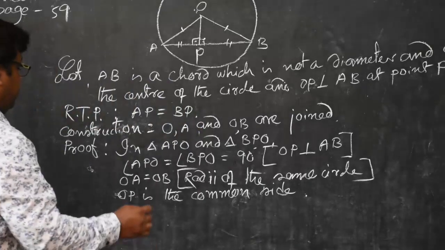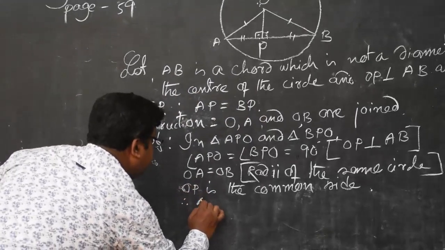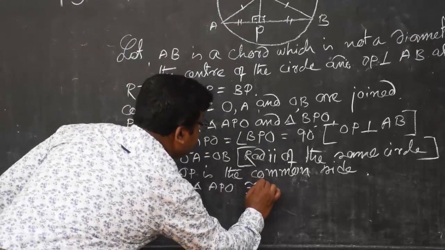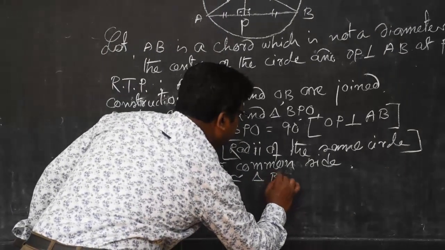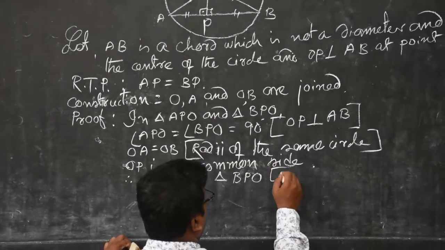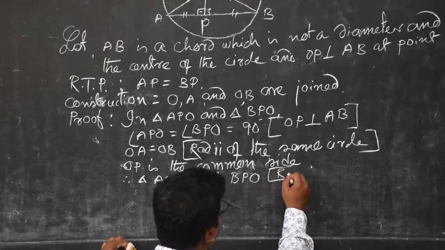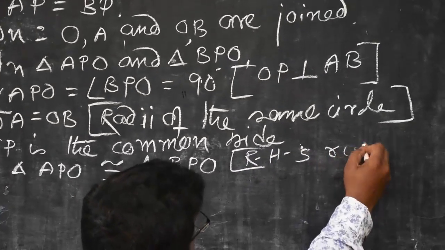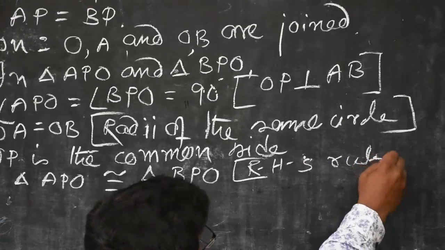So the triangles are congruent. Therefore, triangle APO is congruent to triangle BPO by RHS rule.